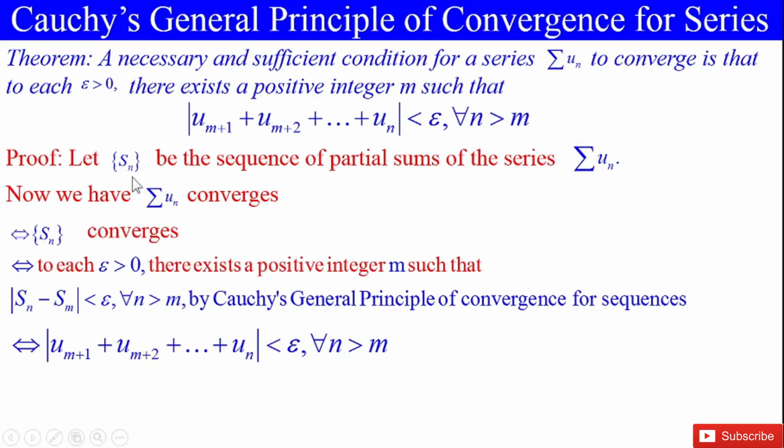Proof: let Sn be the sequence of partial sums of the series sigma un.